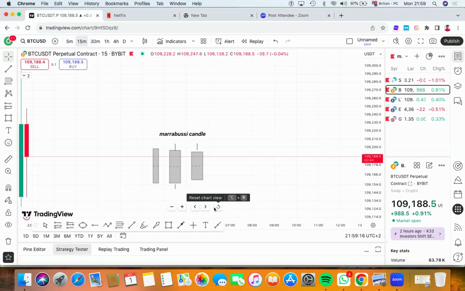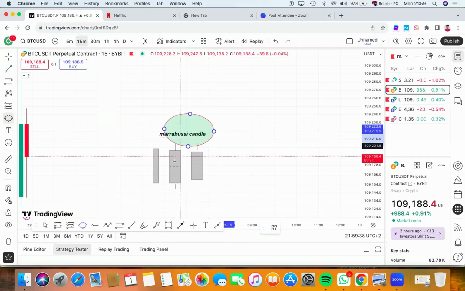There's a gap between the first and the third candle, okay? So it can be from the body or from the wick of the first and the third candle. So now, let me draw three Marabozu candles to show you what I mean. So you already know that these three candles here that you're looking at are the three examples of your Marabozu candles.